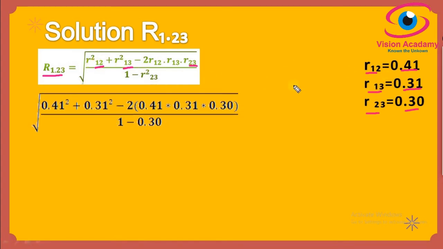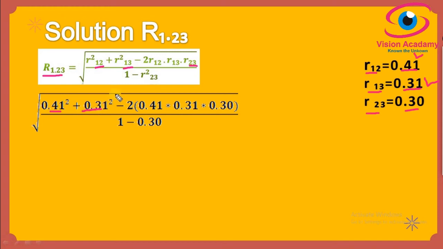So R12 here is 0.41. Since it is R square 12, we multiply R12 into R12, so 0.41 into 0.41, and R square 13, where R13 is 0.31, so 0.31 into 0.31.